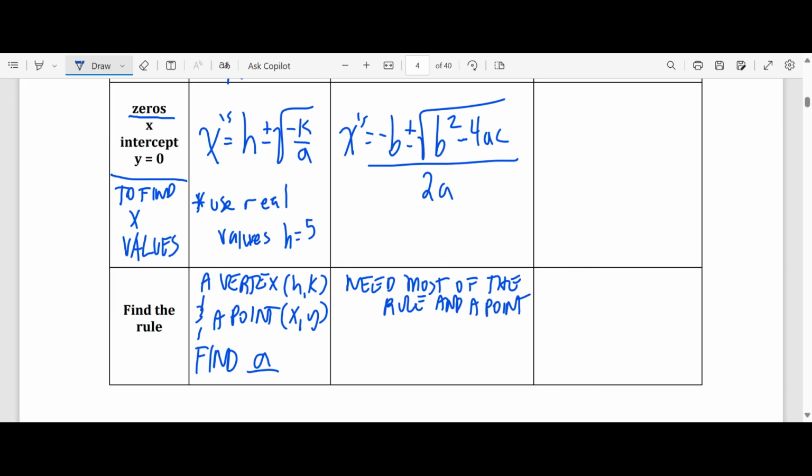And what I mean by that is they would basically give you y is equal to a x squared plus 2x plus 1. So they give you the majority of it, and then they just gave you a point, 7 and 2. And then you would plug that in and solve.